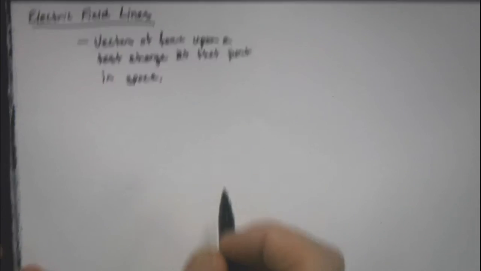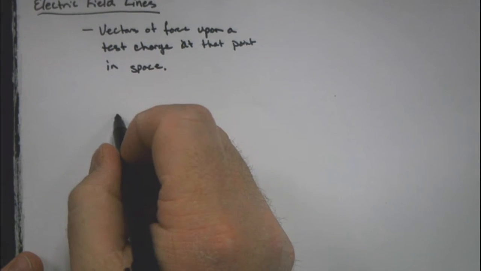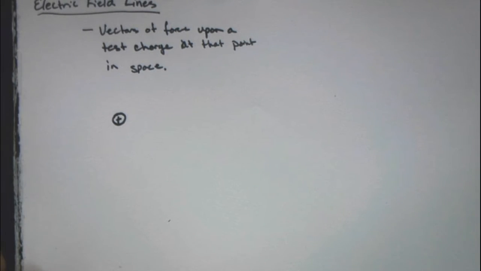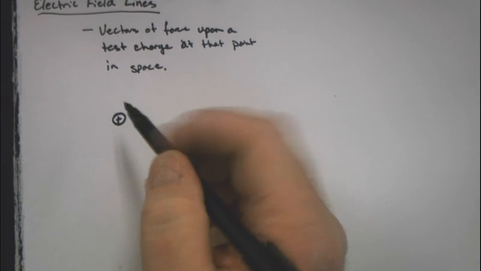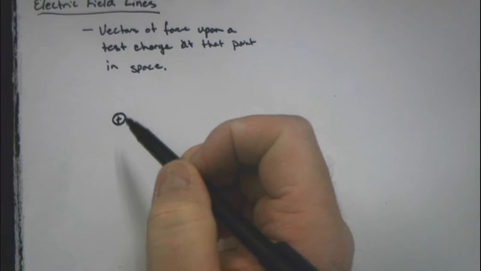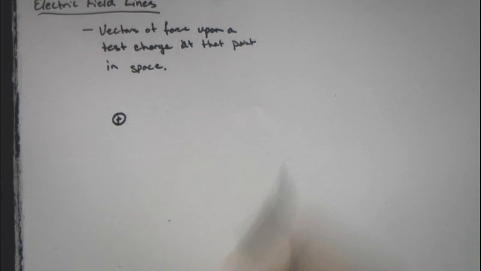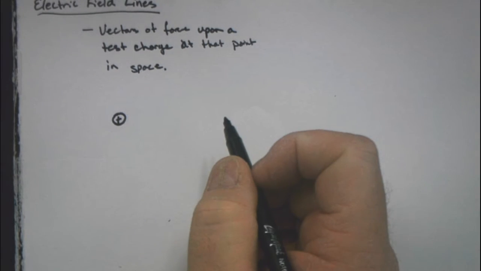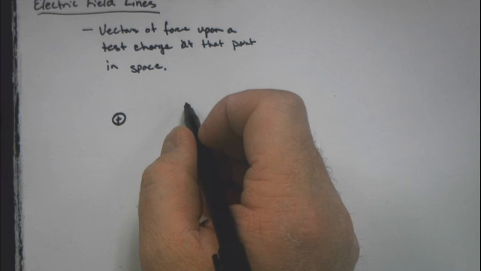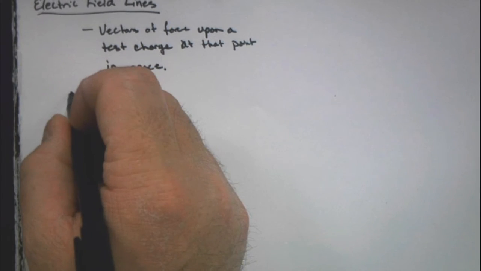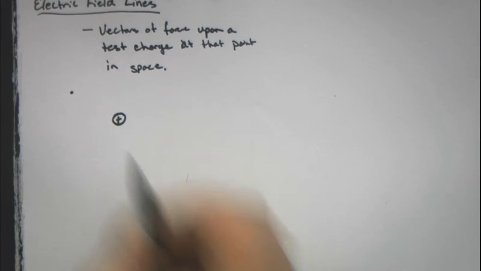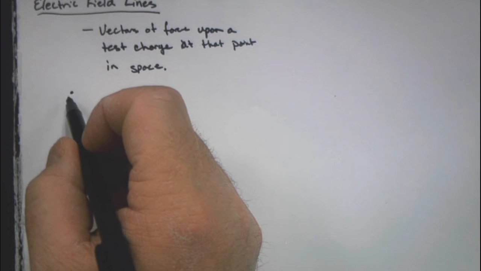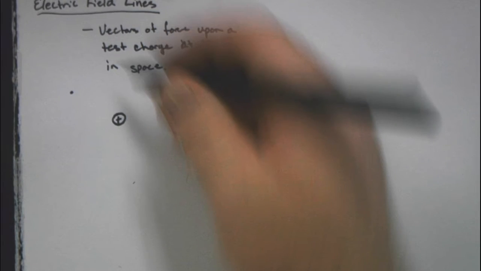So we're going to start with a basic one. We have a charged particle here, a point in space. If we put a positive test charge right there, and this is a positive and that's a positive, it's going to experience a force away from the one in the center.